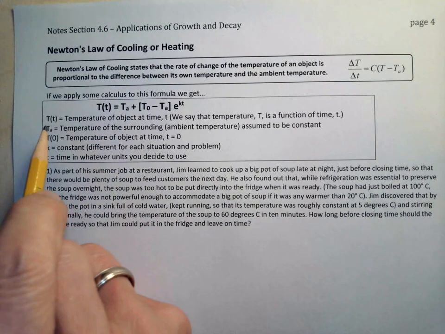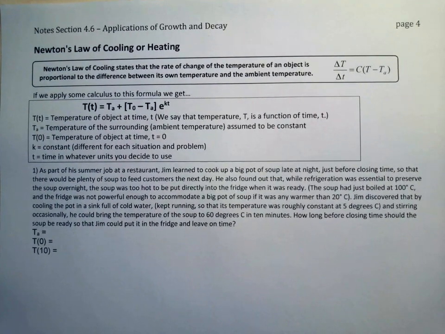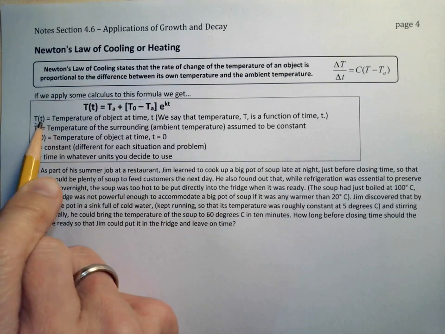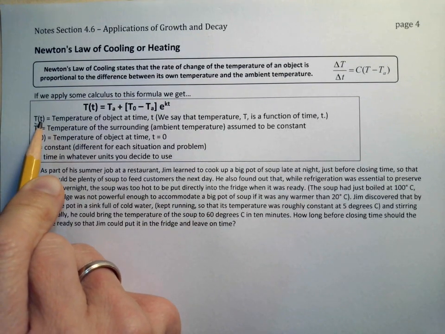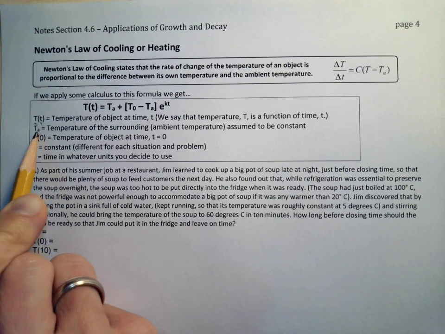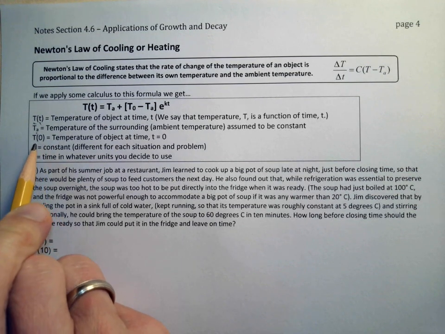All right. So T of t, that sounds a little confusing, but big T is the temperature, small t is the time. So that's the temperature at some time t, and it's like the function. The temperature is a function of time. T sub A, that's the ambient temperature. That's going to be assumed to be constant.